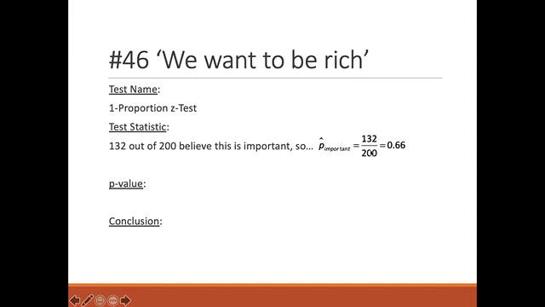So that's 132 out of 200, that's 0.66. That is not the test statistic, that is the sample statistic. The test statistic is the z-score. So the z-score that you get using the calculator here is negative 2.23. The p-value that you get using the calculator is 0.026.